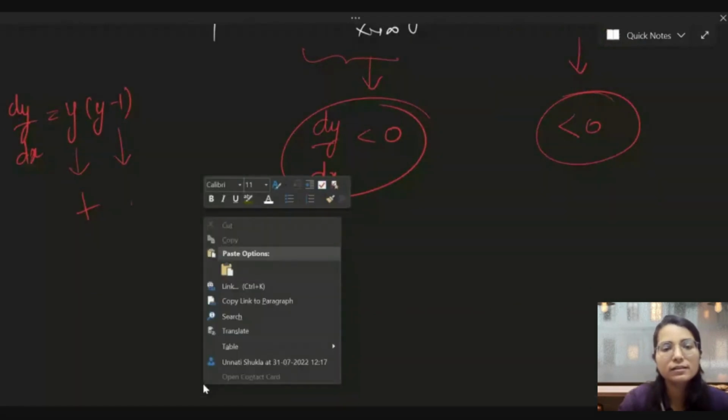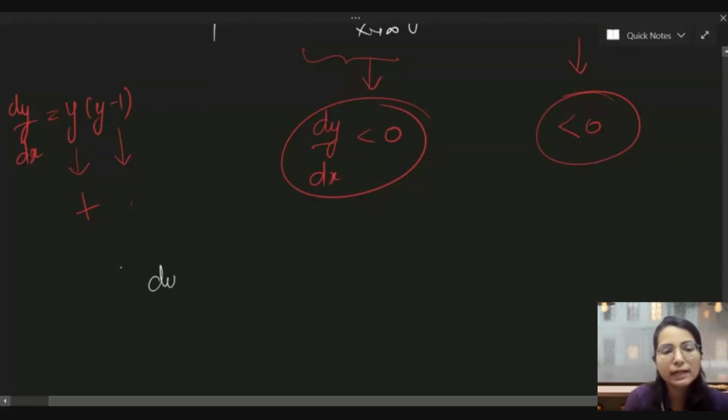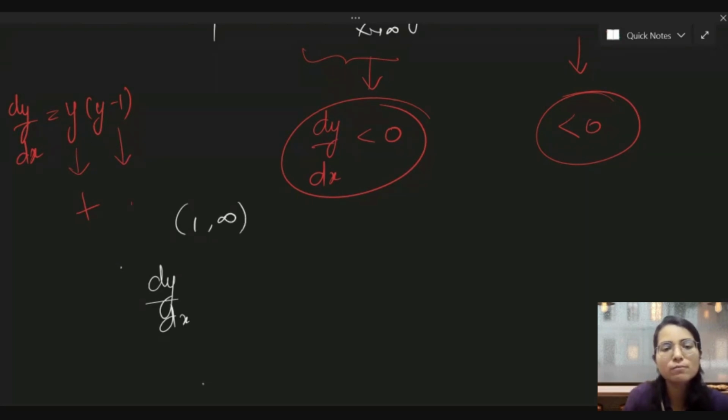So let us find the sign of the slope again, dy by dx, when y lies from 1 to infinity, and dy by dx when y lies from minus infinity to 0. What happens? In 1 to infinity, everything is greater than 1, so this is positive.